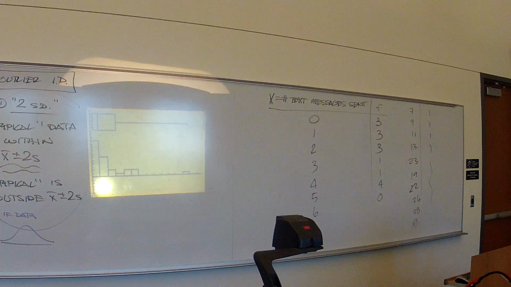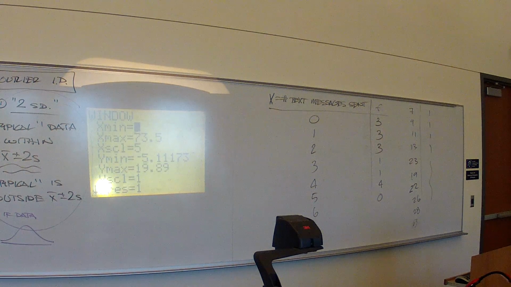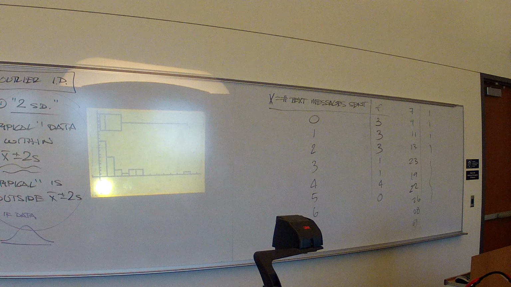I'm actually going to change some stuff to make things easier to see. You guys get the similar graph? I'm going to press the window button, and make x-min -5, which I know doesn't make any sense, but all that'll do is give us some more wiggle room on the left side. And now I'm going to do something we don't often do. I'm going to turn that vertical axis off, because it's getting in the way of what we're looking at on the left side of that box plot.